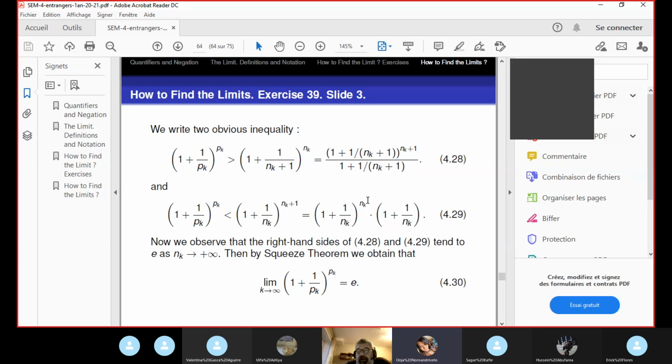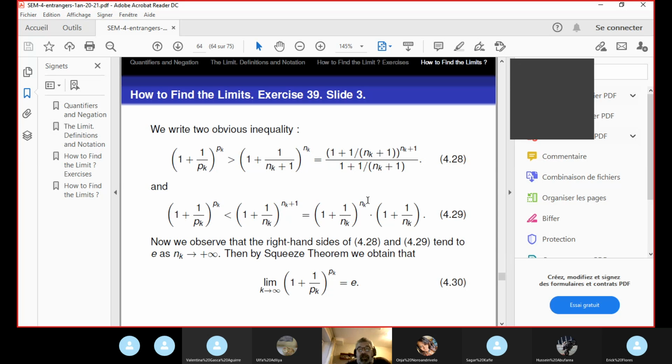So you see why we have to do this rearrangement: because we know that the limit e is (1 plus 1 over n) to the power n, I want to have exactly the same expression.